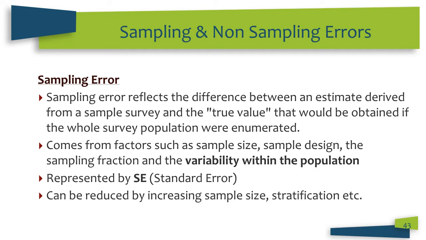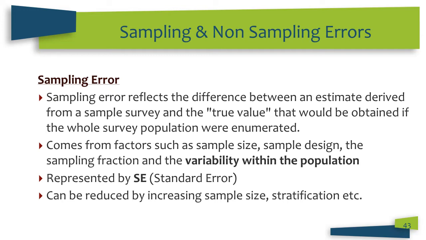Other sources this error comes from are the sample design, or the way you've planned your sampling activity, and the variability within the population. The more variability you have in your population, the more sampling error you are likely to get. Normally, the sampling error is represented by SE, or the standard error, and it is calculated by dividing the standard deviation of your sample by the square root of the number of samples that you've taken.